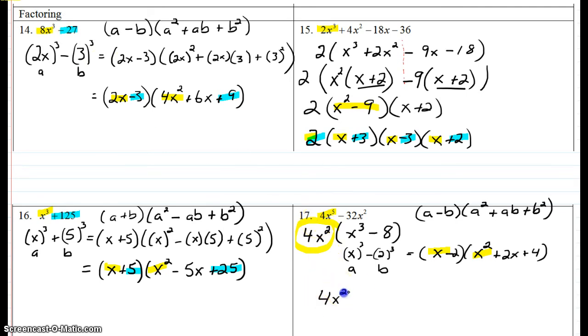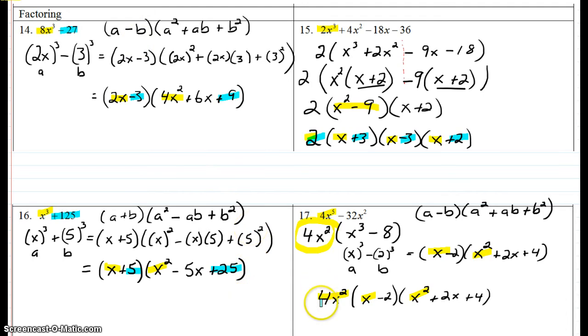4x squared times x minus 2 times x squared plus 2x plus 4. Now do your check. 4x squared times x is 4x cubed. 4x cubed times x squared gives us 4x to the 5th.